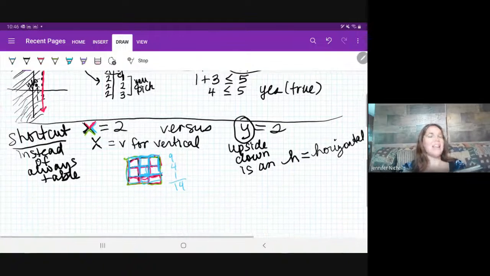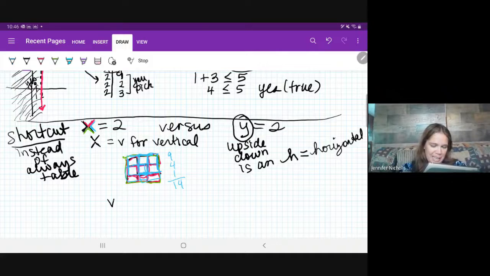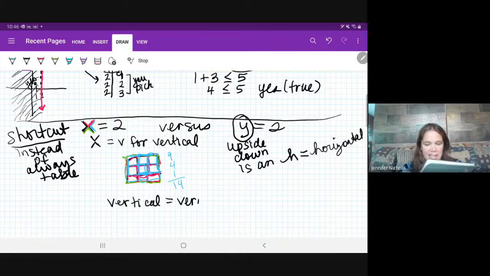Okay, so there was something, I think it was the students in my 6th period class, who came up with this. It was that year. It was pretty cool. Some people forgot which way is which. So they said vertical is Verizon. So that's a tower. That's how you know it goes up and down.